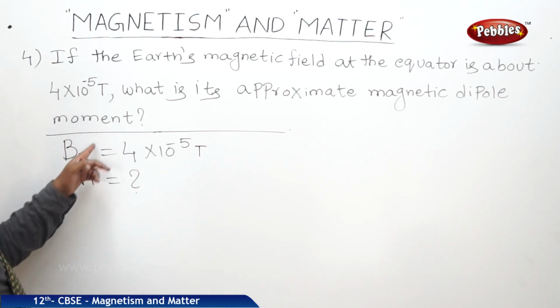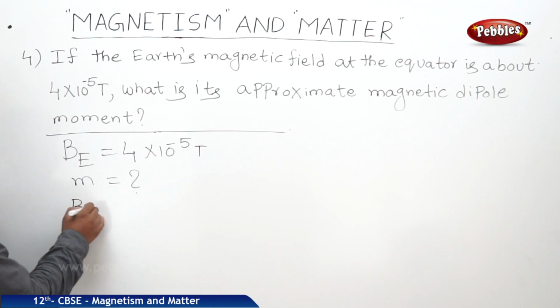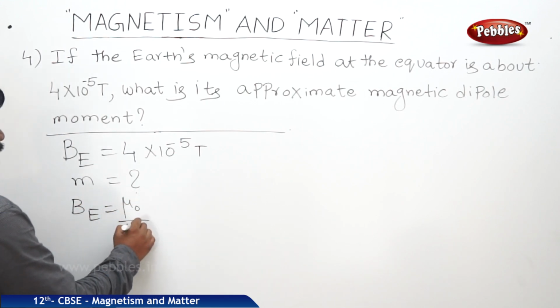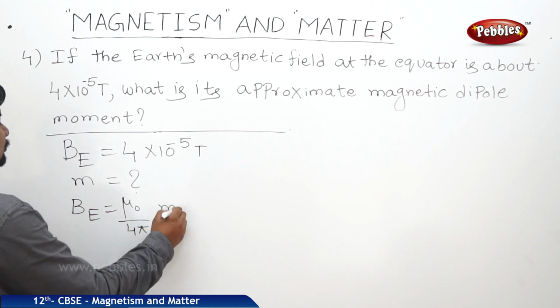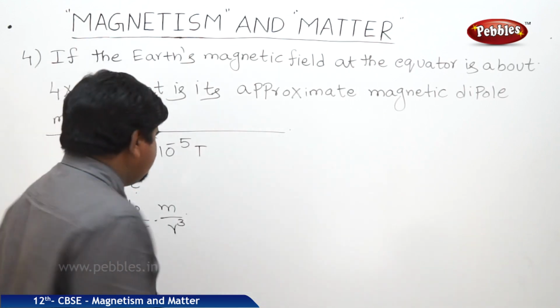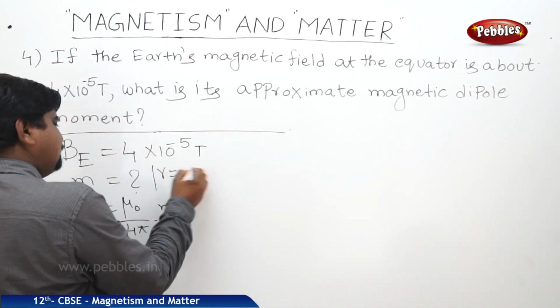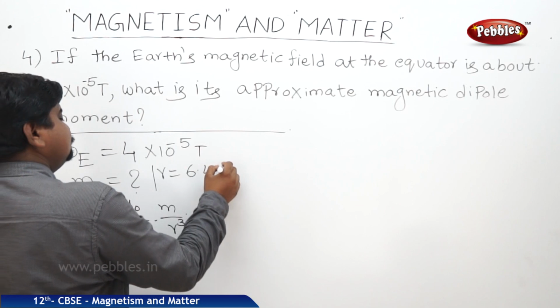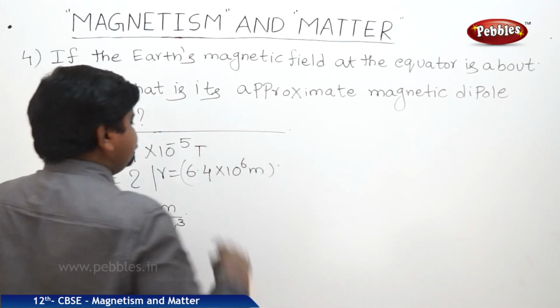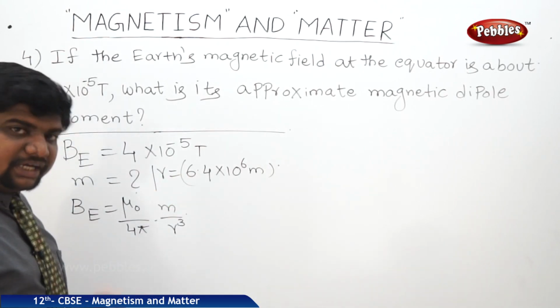The relationship between BE and M is mu naught by 4 pi into M by R cube, where R is equal to radius of Earth. So radius of Earth is equal to 6.4 into 10 to the power of 6 meters. It is 6,400 kilometers.